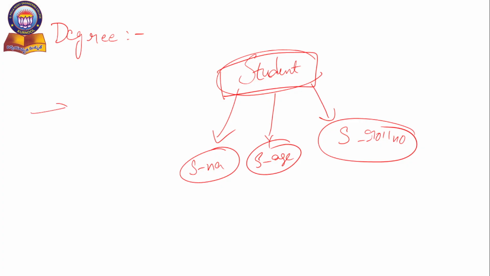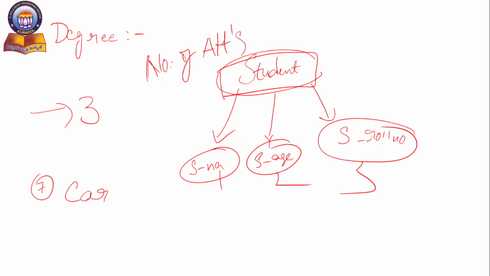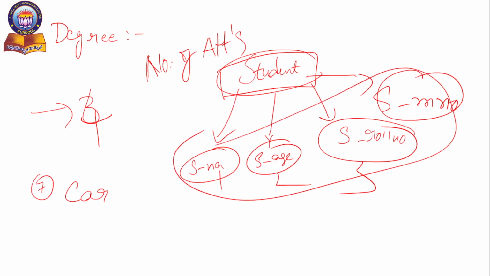The degree is 3: 1, 2, 3. Degree is the number of attributes. Suppose we include one more attribute, student mobile number. Now how many attributes are there for this student entity? 4. The degree is 4.